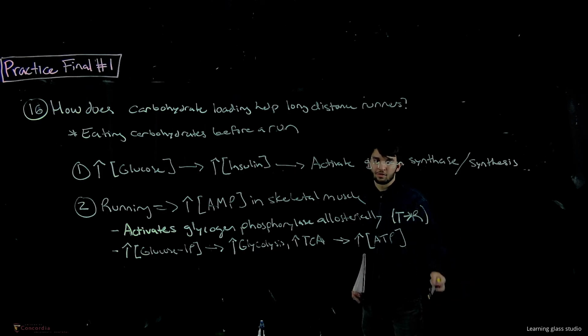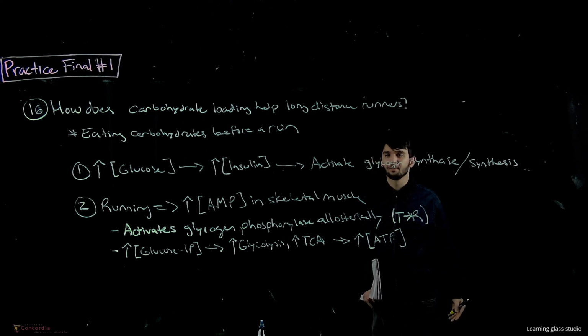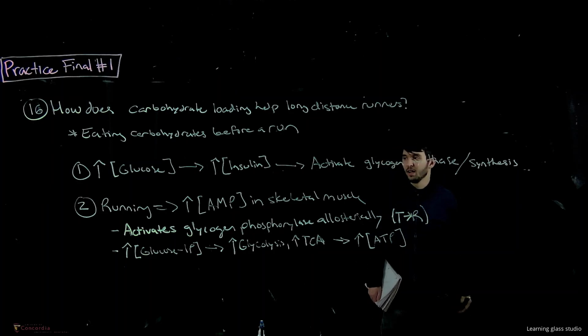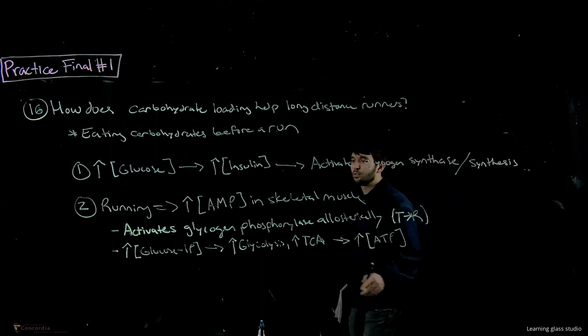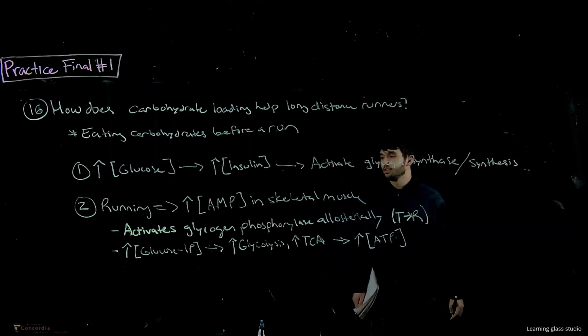And if we remember the video I did on glycogen metabolism regulation, increasing insulin activates glycogen synthase, which activates glycogen synthesis. So you're building up a big stock of glycogen before you run. And then when you're running, you're using a lot of ATP, so you increase AMP in your skeletal muscle.